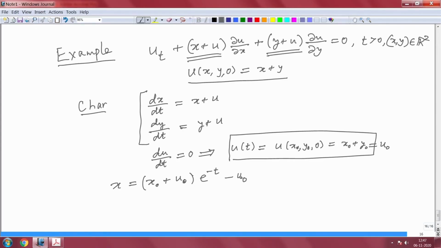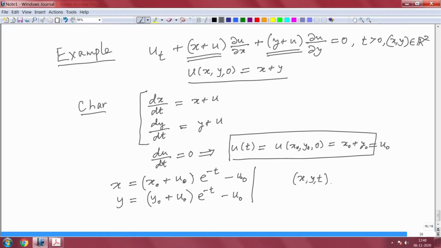So, you integrate this. It is no more a constant, but there is an x term. That is how you get that exponential term. And similarly y is equal to y 0 plus u 0 e to the minus t minus u 0.